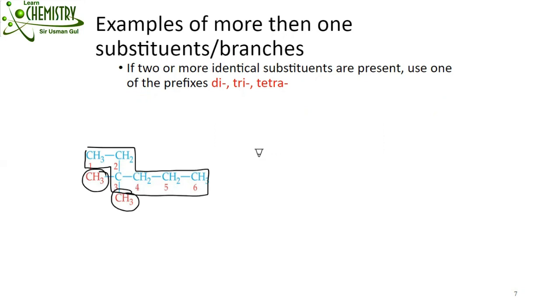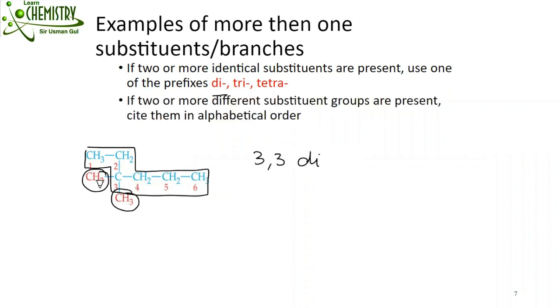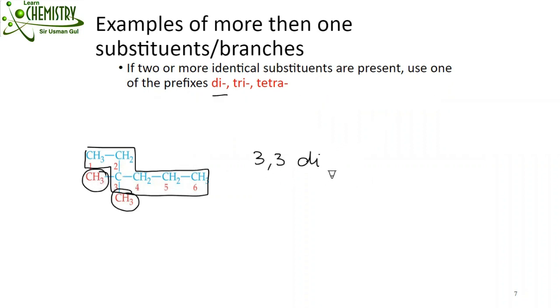The name of this compound will be 3,3. Why am I writing 3,3? Because we have two branches and both are located at carbon number 3, so I have to write the number two times. Then I will write di because they are two identical, and the name will be dimethyl.